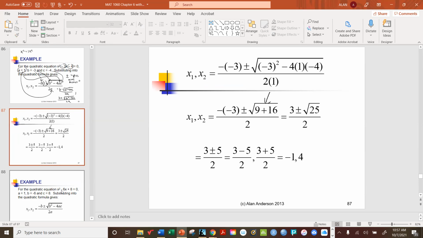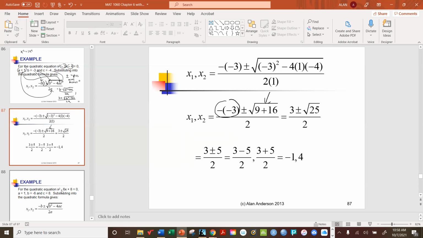Sometimes you'll get a perfect square, and that means your answers might be integers, they don't have to be. If the number under the square root is a prime, for example, you can't really simplify it very much at all. So you might get some very messy results. But here, because this will be a perfect square, we're going to wind up with these two integers. By the way, one more thing, it's easy to make mistakes with the signs.